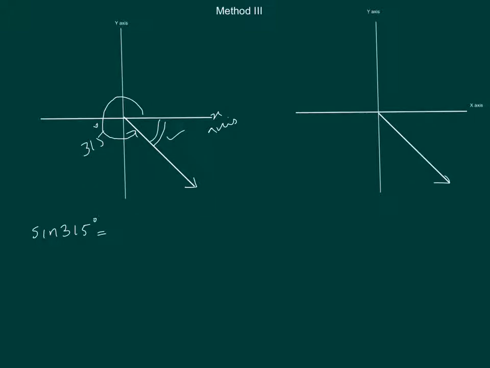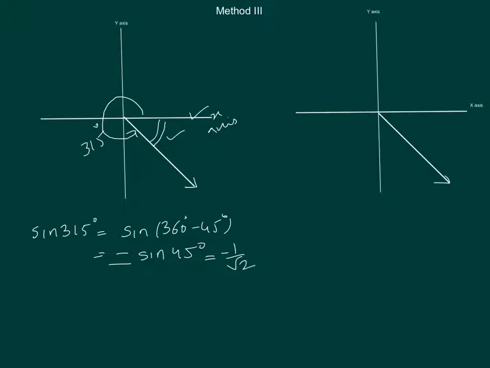But without going into that, we can write sine of 315 degrees is equal to sine of 360 minus 45 degrees, which is equal to, now since 360 means x-axis is the line of reference, sine remains sine, reference angle is 45 degrees, and sine is negative in the fourth quadrant, so we get minus 1 by root 2.